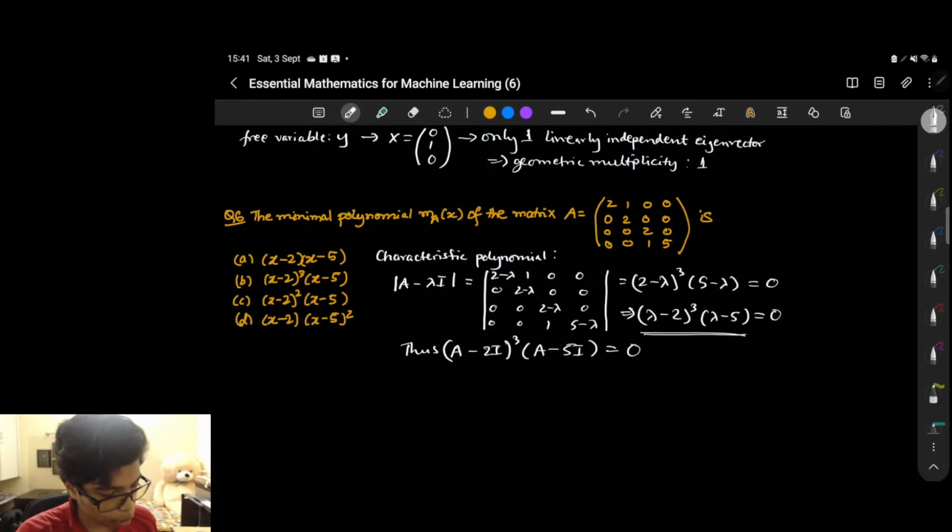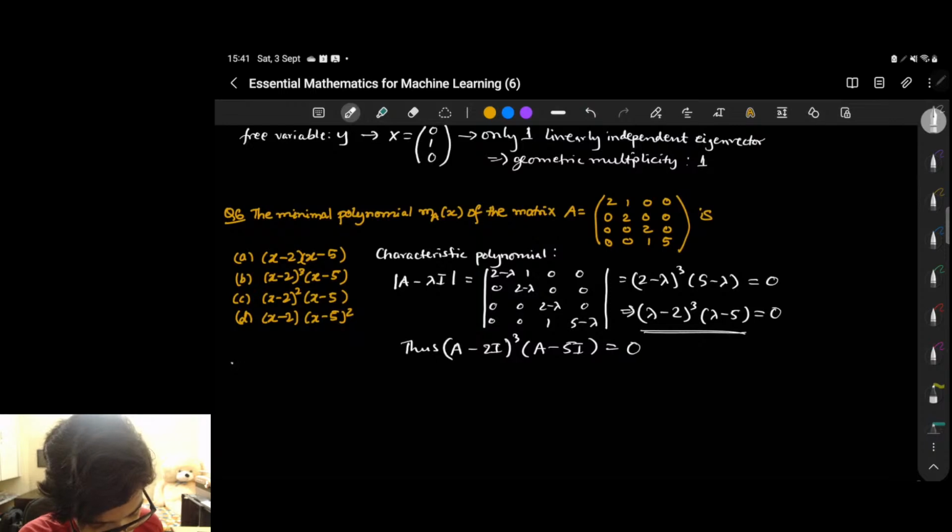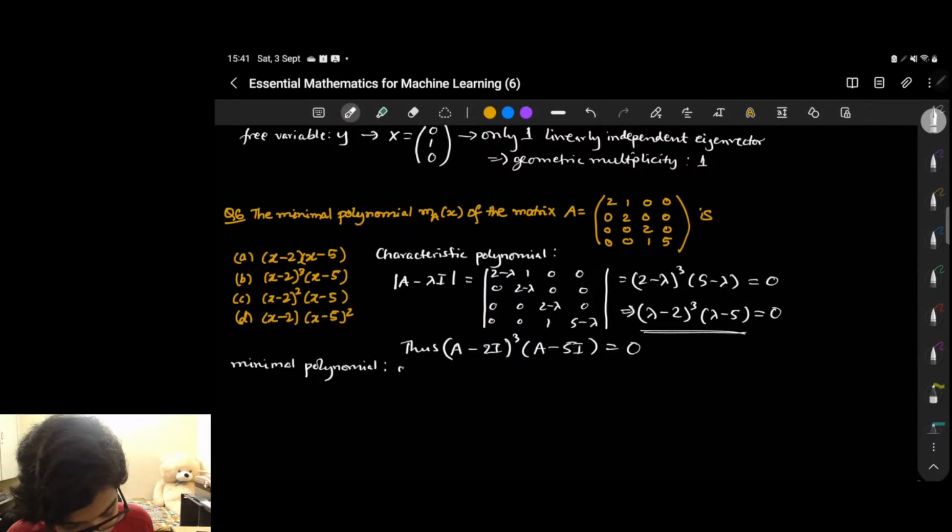Then the minimal polynomial. What is the minimal polynomial? The minimal polynomial is a polynomial which has degree less than or equal to the degree of the characteristic polynomial.